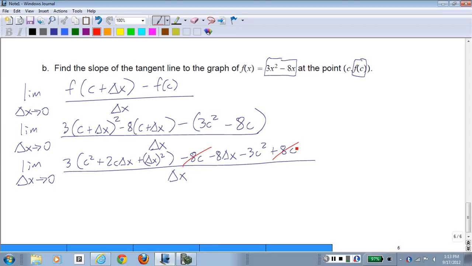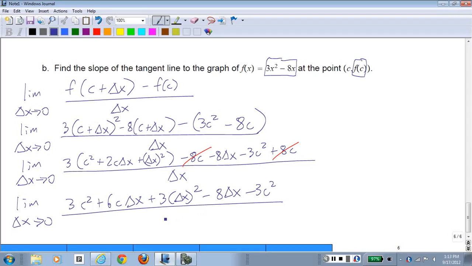Distribute the 3 across the parentheses. At the next step, the limit as delta x approaches 0 of 3c squared plus 6c delta x plus 3 times delta x squared minus 8 delta x minus 3c squared, all over delta x.